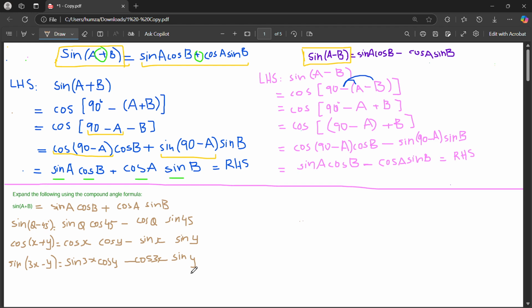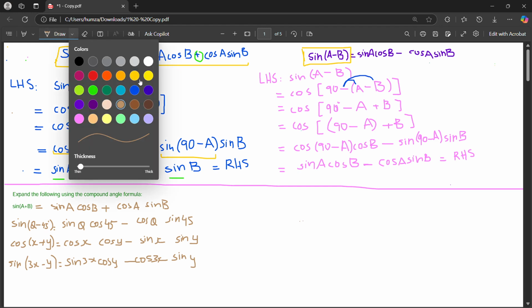We are looking at the compound angles of sin and cos. Now they can also give you expanded form, and they can ask you to write your single term. So the question would state that use the compound angle formula to write each of the following as a single term. So how we can write each of the following as a single term? Now let's see.